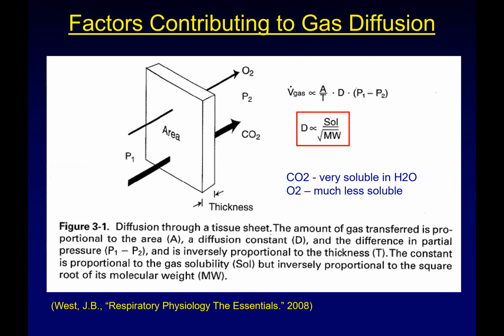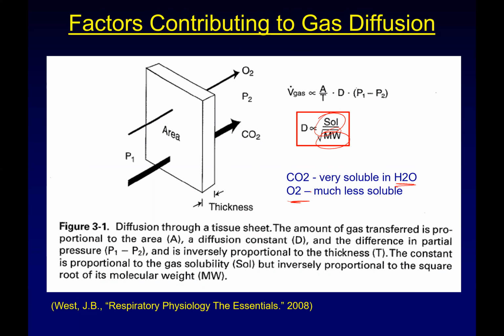So factors that contribute to gas diffusion. And so this is specifically going to be what's happening at the movement of oxygen and CO2 between the capillaries and the alveoli. Okay, and so what you can see is that we've got the molecular weight of our thing. There's some solubility factor that's going to play a big role here. And what we find is that carbon dioxide is very, very soluble in water.